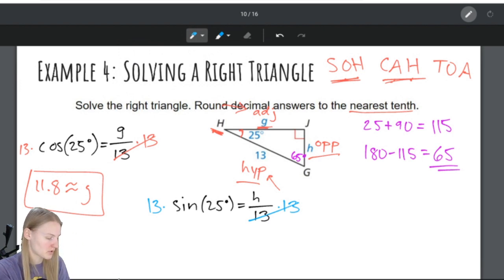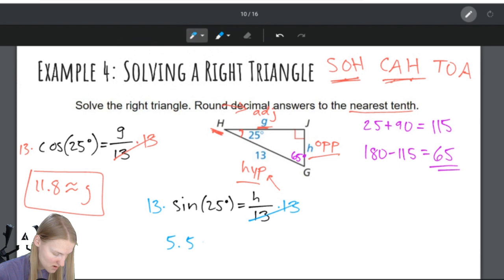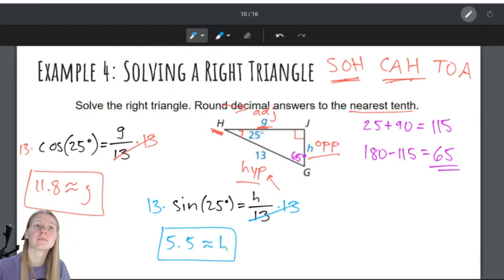And 13 times sine of 25 degrees is approximately 5.5. Ta-da! So now we have 1, 2, 3 sides. Fantastic. So we have all of our sides.